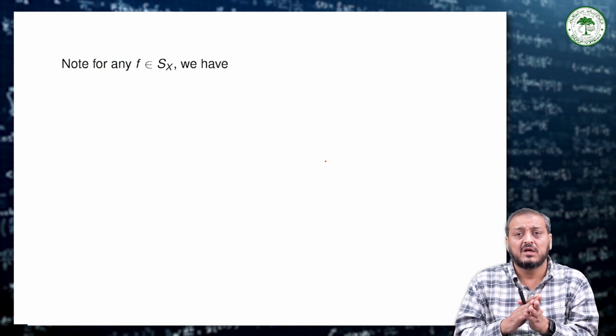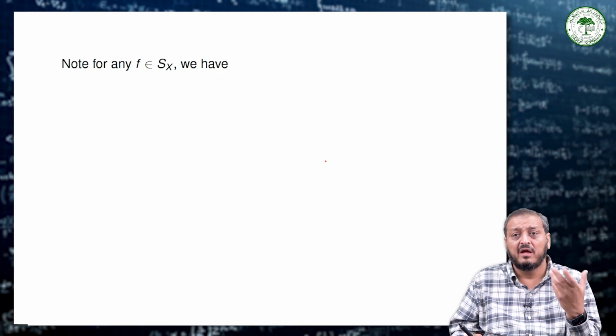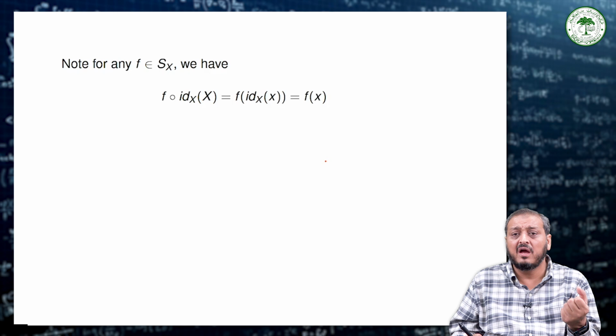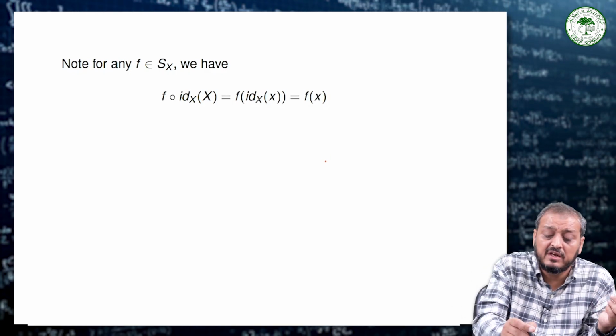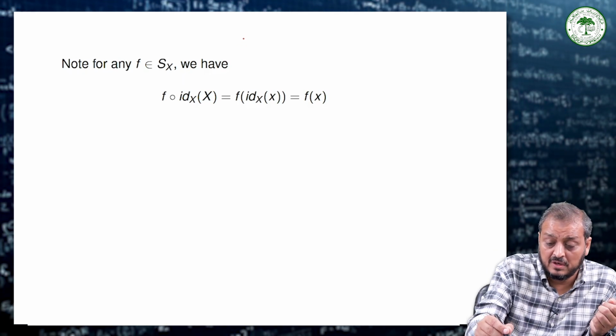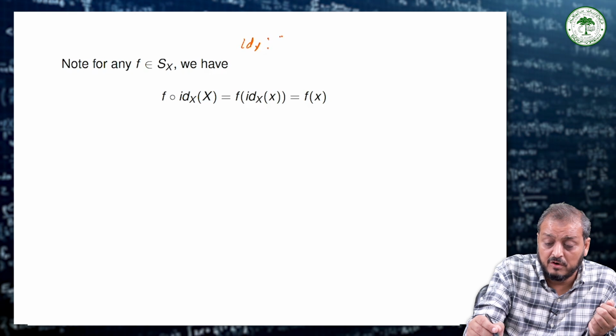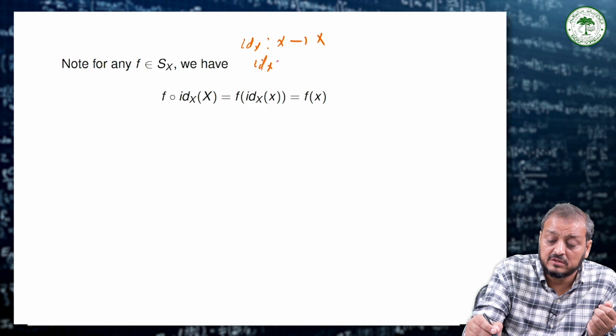So for any f belonging to Sx, we have to find some g. First we verify the identity. The identity on X goes from X to X, and identity of x is equal to x.